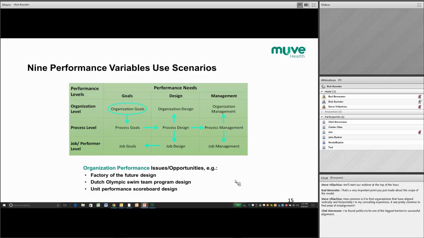So I've just always found this to be a very powerful way of organizing the thinking, and it's just been a key survival mechanism for me, and I hope it will be for you.